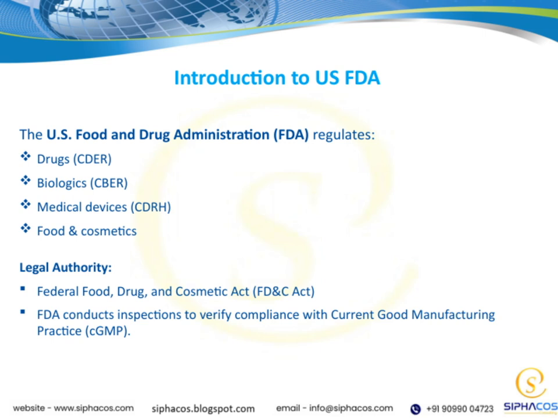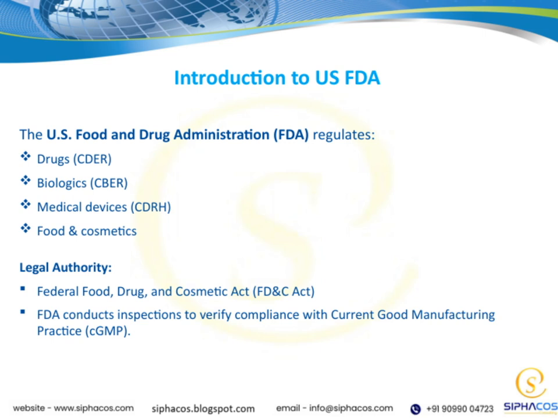Now, the authority the FDA has to do this comes from the Federal Food, Drug, and Cosmetic Act, often called the FD&C Act. This legislation gives the FDA the legal power to oversee and enforce regulations across these industries. One of their critical functions is conducting inspections to verify that manufacturers are following current good manufacturing practice, or CGMP.